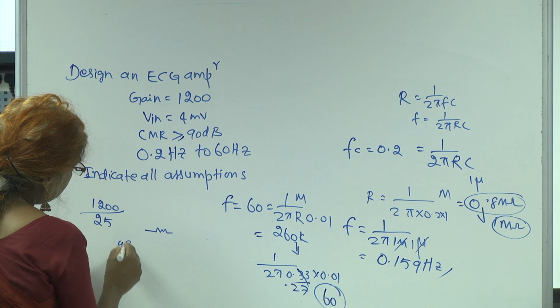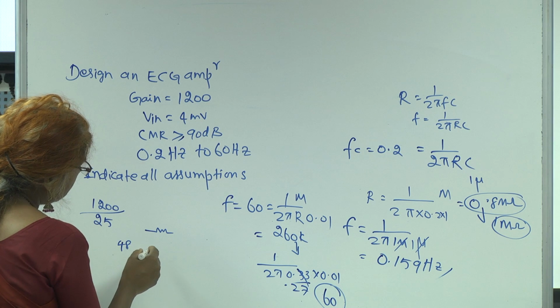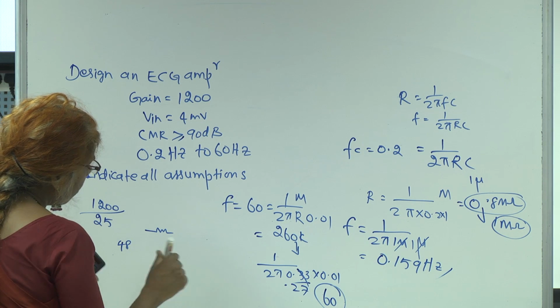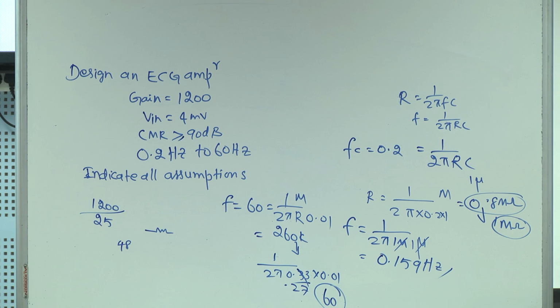So you have 48. Then we can use a, I know 47 is there, how do we get 48? Or we can slightly tweak the first stage, instead of 22K we can put 33K there.